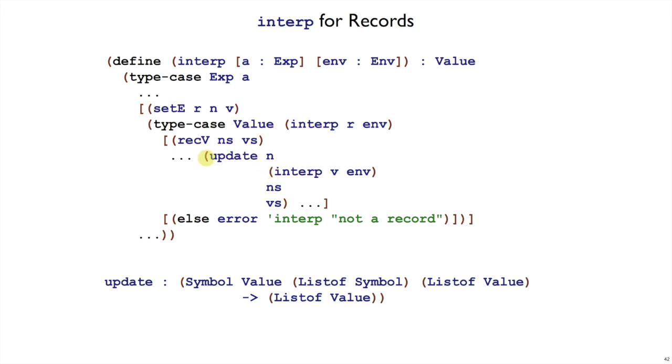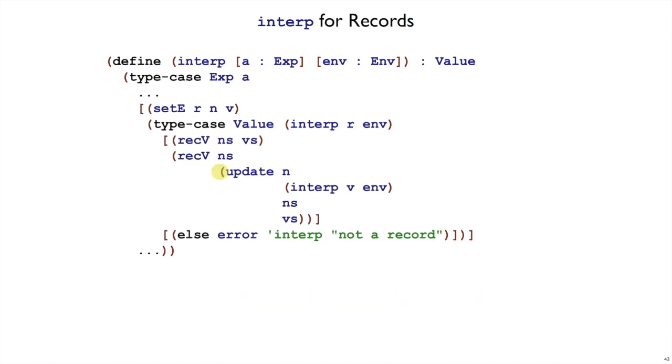This gives us just a list of values. That's not what we want as the result. Set is supposed to return a new record, so we need to wrap this with a rec V. So we got a new list of values. We can keep the old list of names. Our update is not going to be allowed to add new fields, just update the values of fields. And when I say update, I mean give us a new record back, not changing the old record, of course.